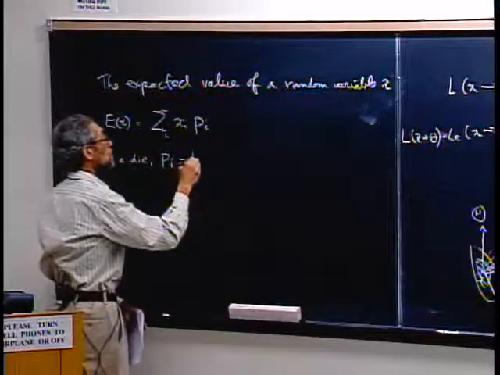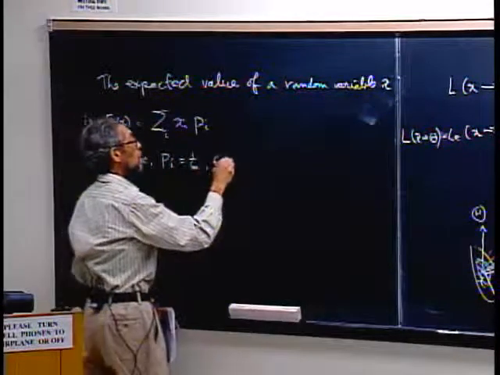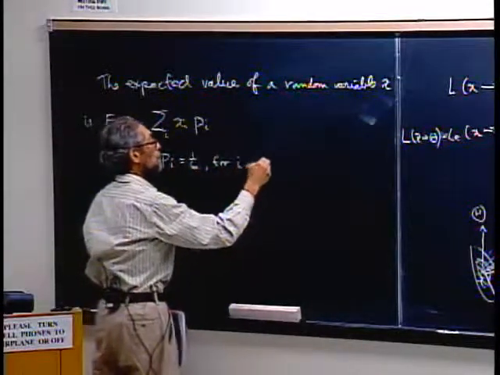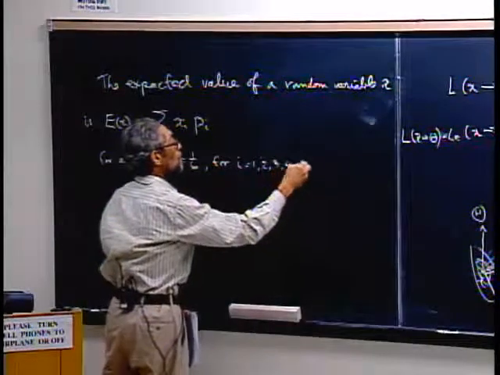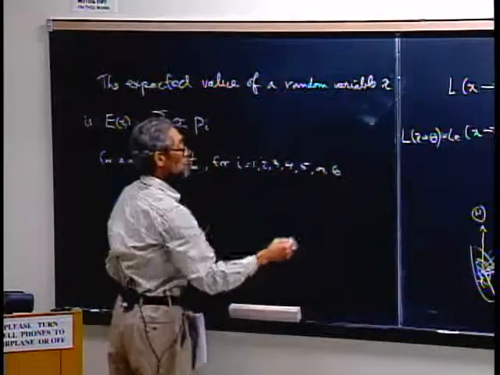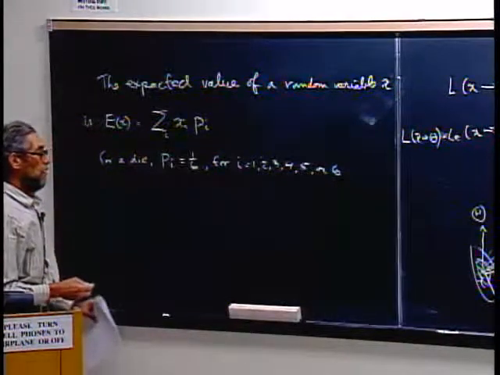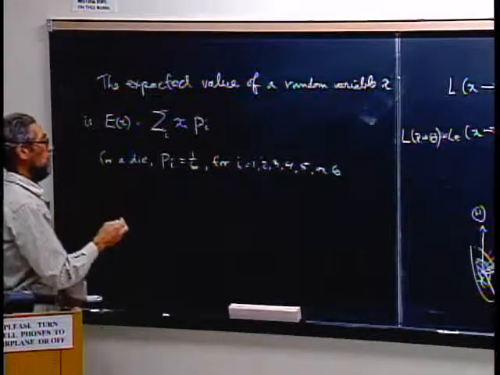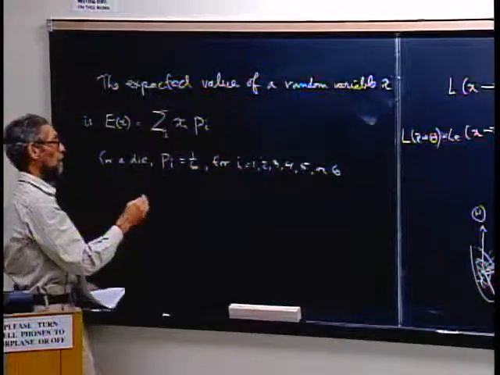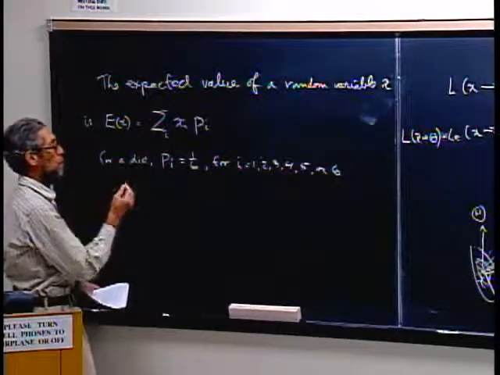p_i equals 1/6 for i equals 1, 2, 3, 4, 5, or 6. Those are my 6 possible values of the random variable, 6 possible outcomes if I look at just what number comes up.